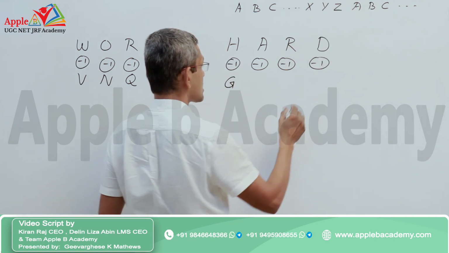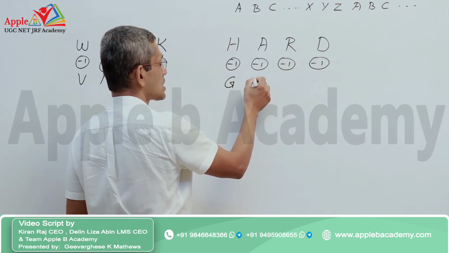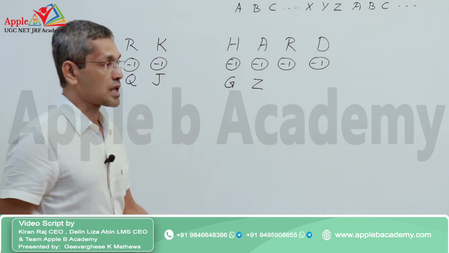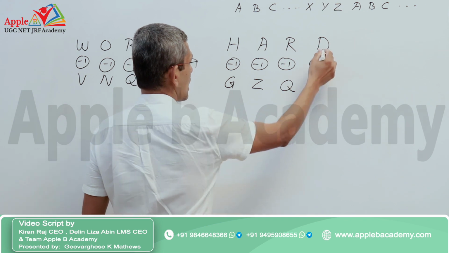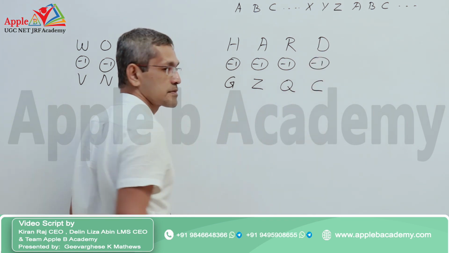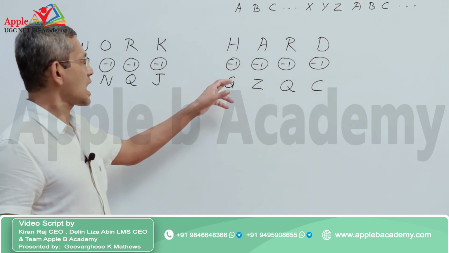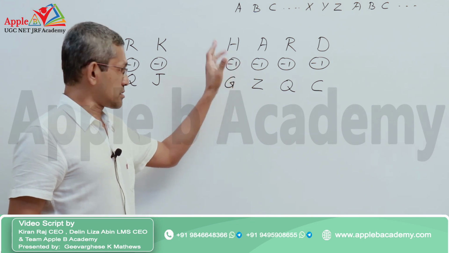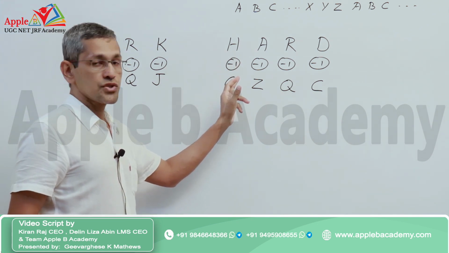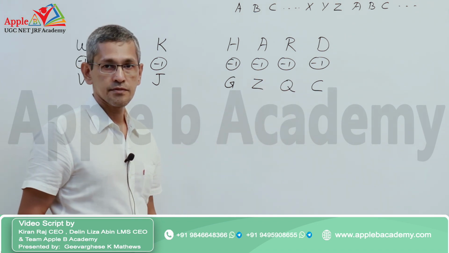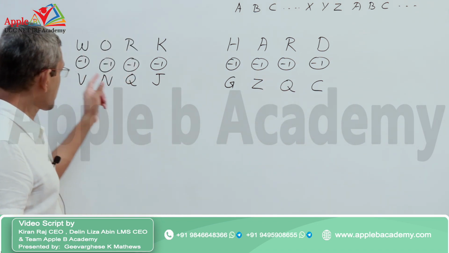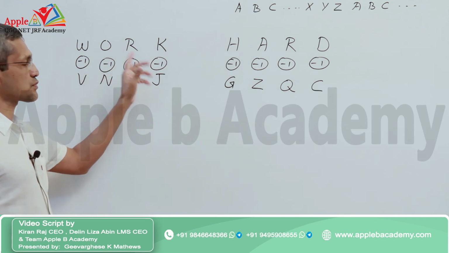That could be Z. So A -1 is Z. Then R -1 is Q. And D -1 is C. So ultimately the answer we have here is G, Z, Q, and C. That's the answer. So this is the pattern. What we have is -1, -1, -1.